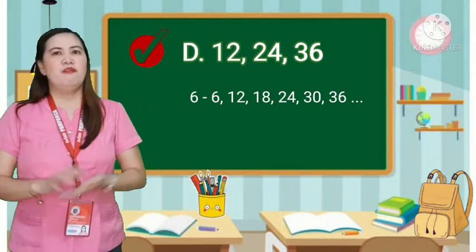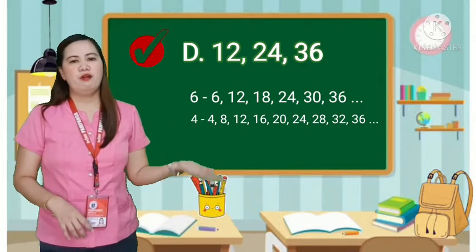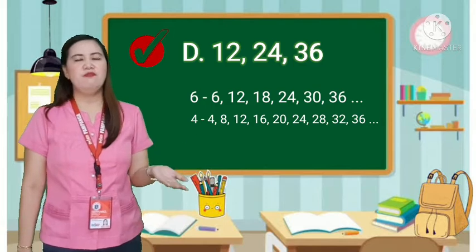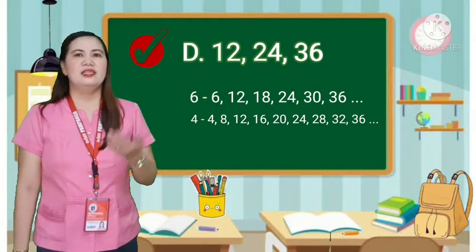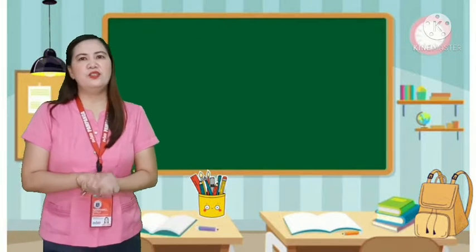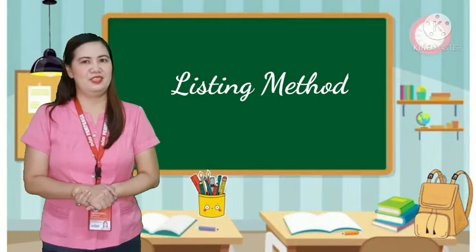And then the multiples of 4 are 4, 8, 12, 16, 20, 24, 28, 32, and 36. You need to use the listing method to get the common multiples.